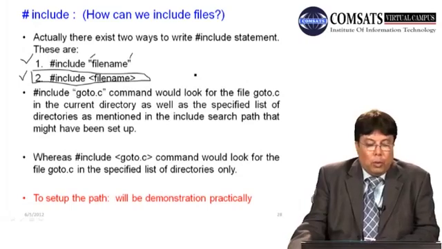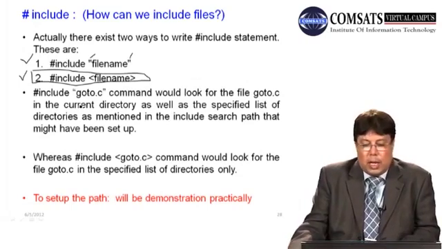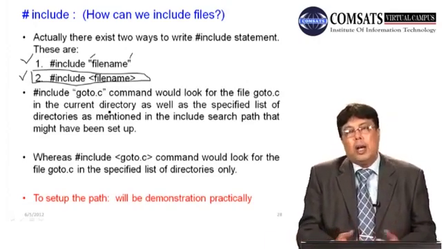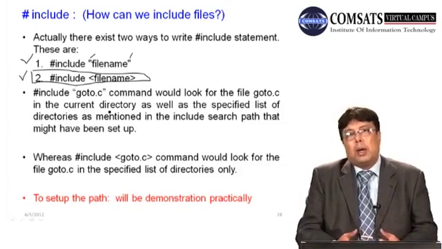When we include a file, for example, goto.c, the command would look for the file goto.c in your current directory. जो आपकी default directory है, जिस directory में आप काम कर रहे हैं.